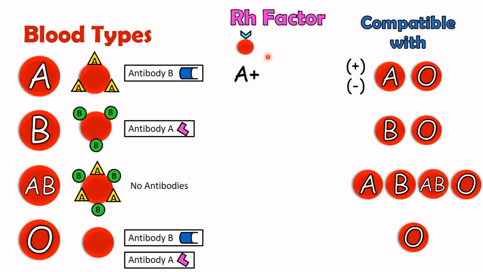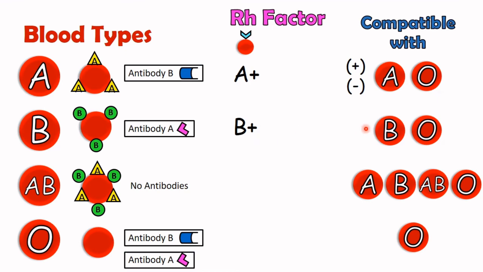It means that if there is the presence of the RH factor in any blood type, the positive sign can receive from the positive and also from the negative blood types. The same goes with the B blood type. If B has the presence of the RH factor, it will become B positive, right?